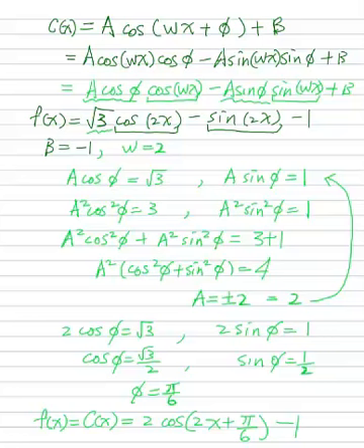C of x equals a cosine of phi times cosine of omega x minus a sine of phi sine of omega x plus b.